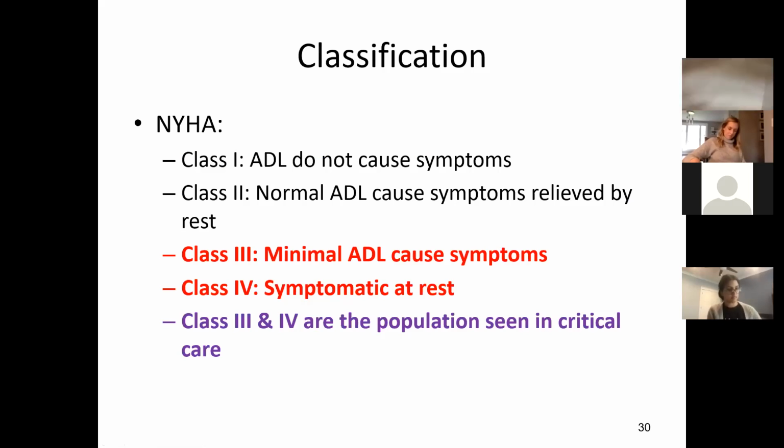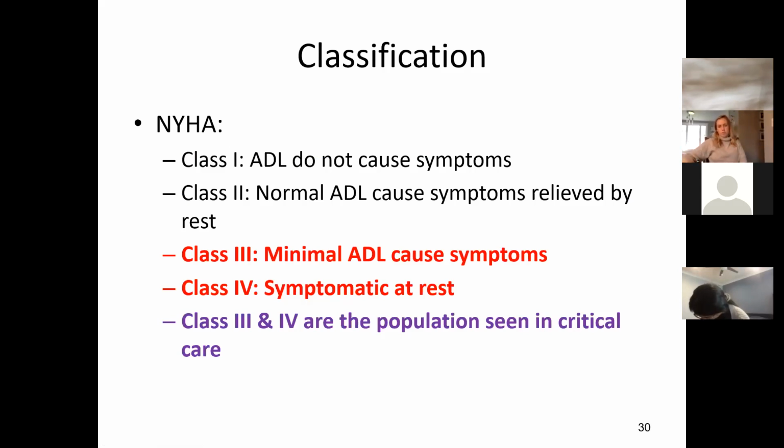So New York Heart Association is the classification that we use in Canada. And class 1 and class 2 patients are not going to be who you're going to see. They are patients who are going to their family doctor with a little bit of peripheral edema, maybe shortness of breath when they do a few flights of stairs, and they're being managed with diuretics.